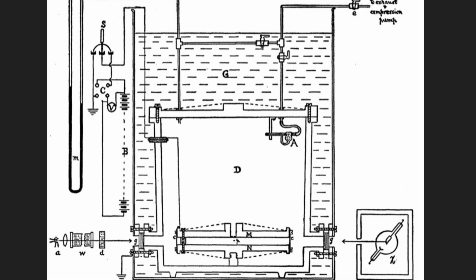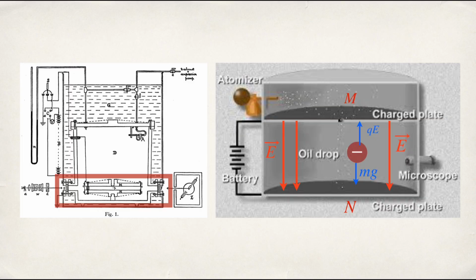In chamber D, if you look closer, we have the plate M and the plate N. M refers to the top plate, connected to the positive electrode, and N refers to the bottom plate. This bottom plate is connected to the negative electrode, which means that in the space between the M and N plates, there is an electric field.